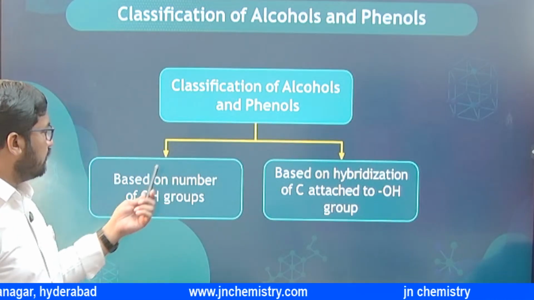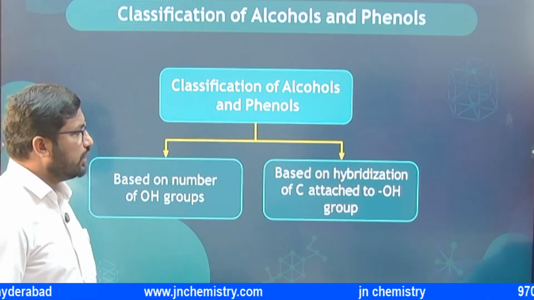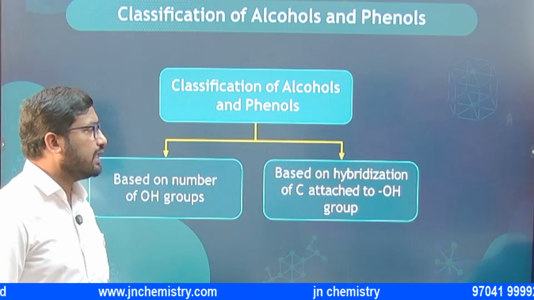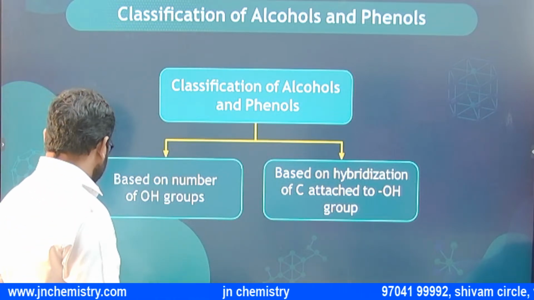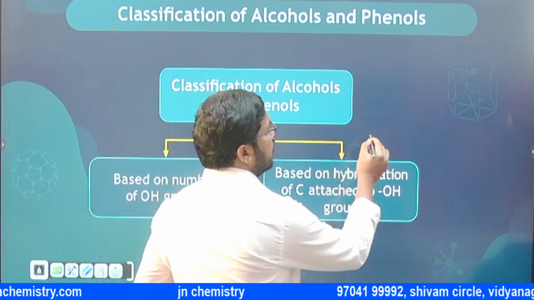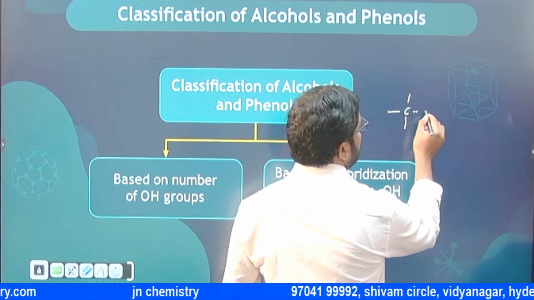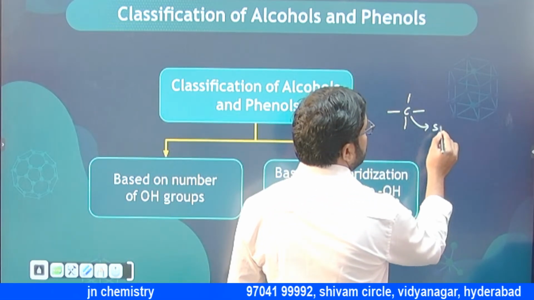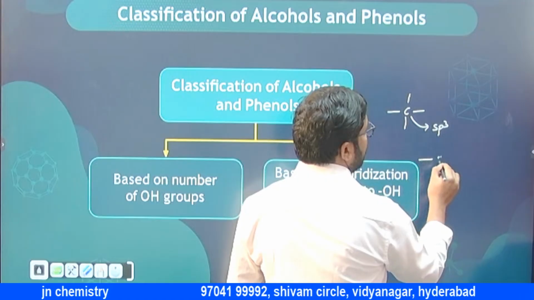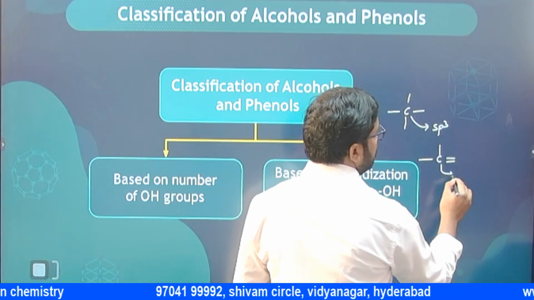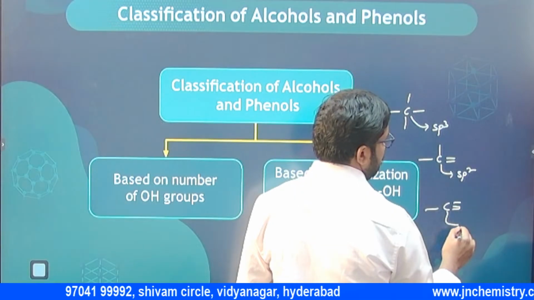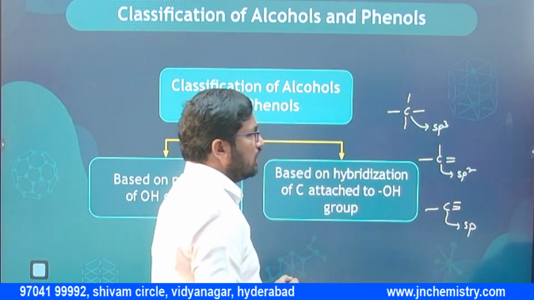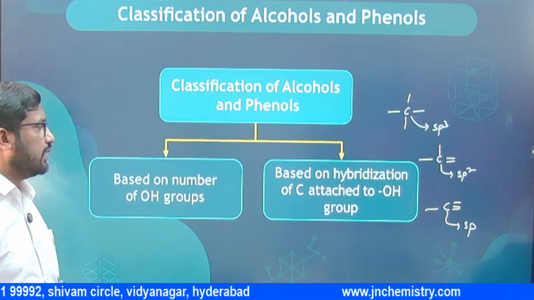Classification of alcohols is based on the number of OH groups and on the hybridization of the carbon attached to the OH group. Yesterday we discussed, if the carbon has 4 single bonds, which hybridization? sp3. If it has a double bond, sp2. If it has a triple bond, sp. sp3, sp2, sp.